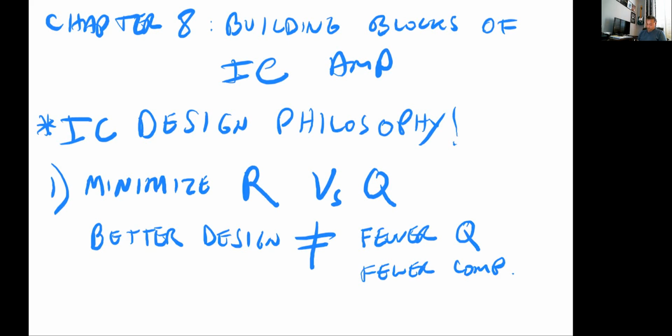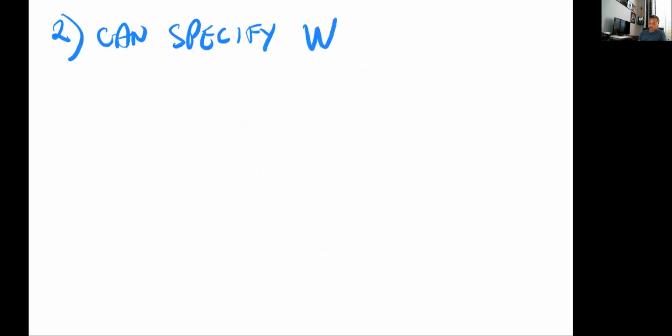Point number 2. All we can do for sure is specify the width, the electrical width of the channel, which is the geometrical length of my transistor.